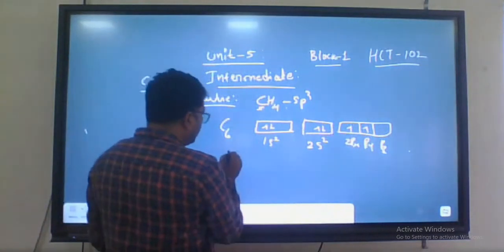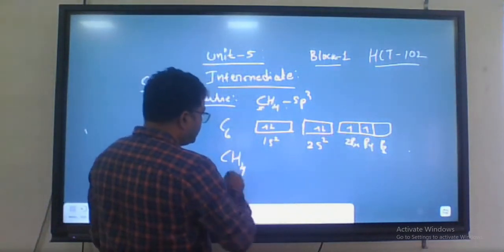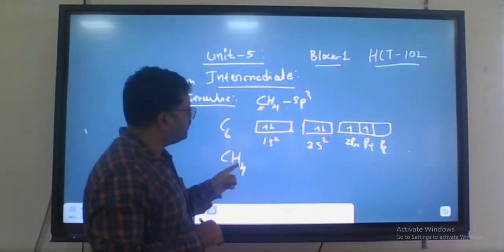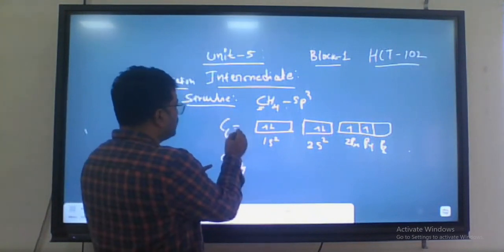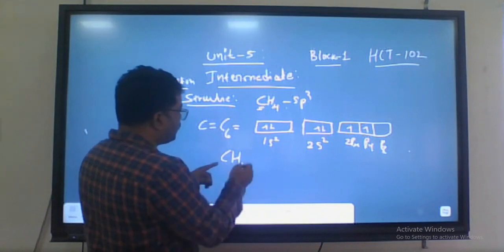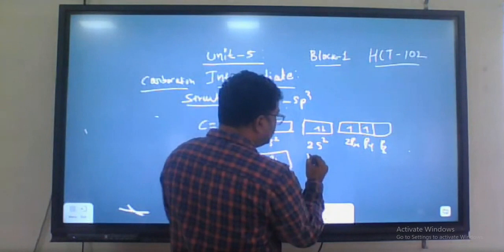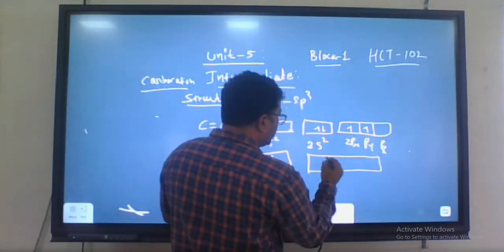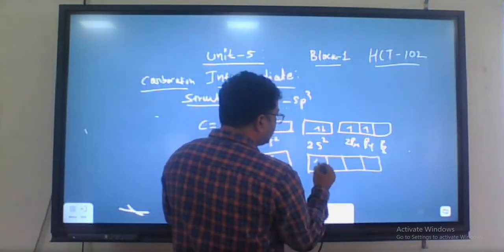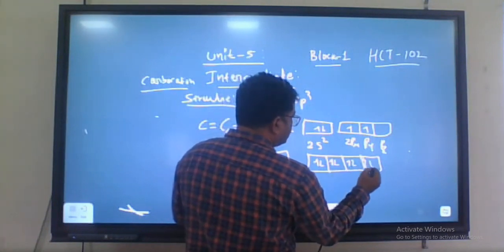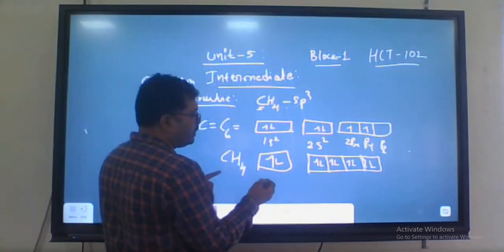Empty carbon. After hybridization with 4 hydrogen, it bonded with 4 hydrogen. So this is only carbon. After bonding, hybridize to form CH4.